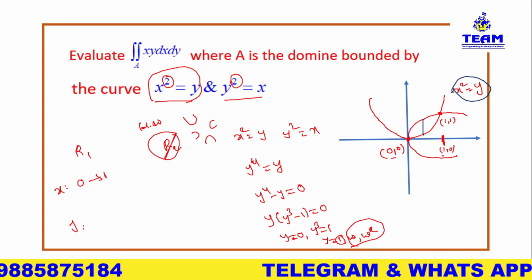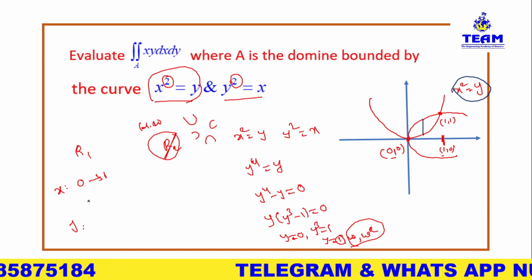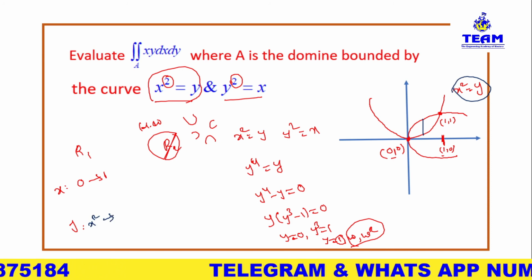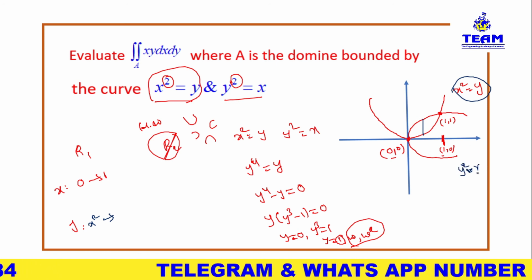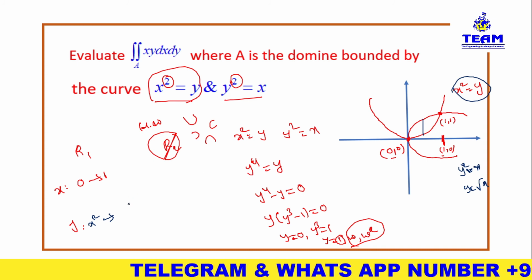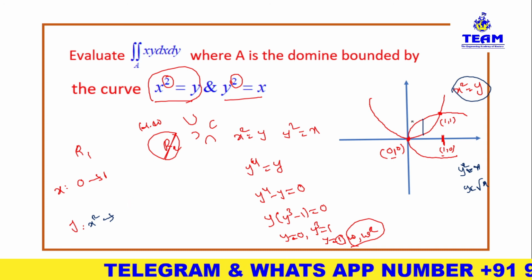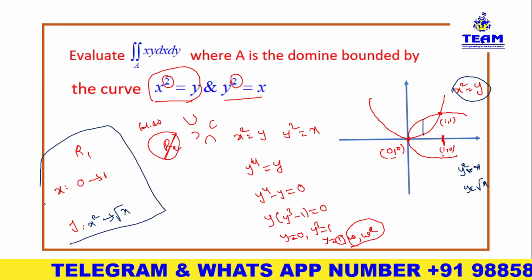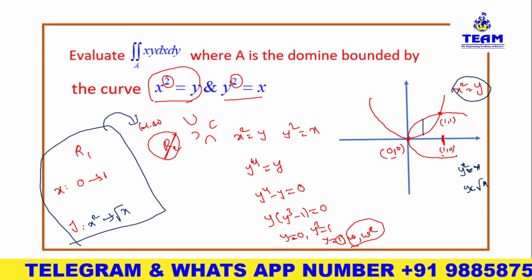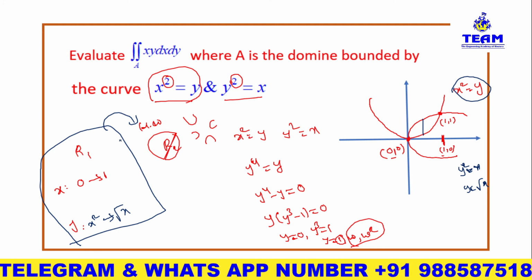X square is equal to y. What is the y value here? X square. Next upwards is what? This curve. What is this curve name? Y square is equal to x. So y is equal to what? Root x, so plus or minus. But you have to take the first quadrant now, so plus root x. That's it. So this is region 1. If you want, you can convert into region 2 by using change of order of integration.